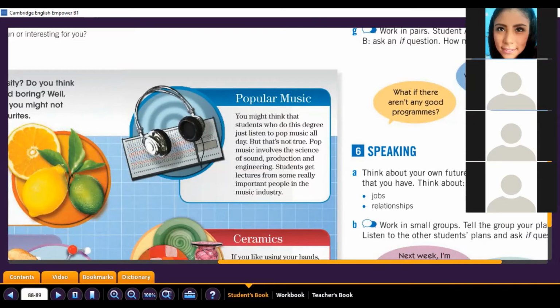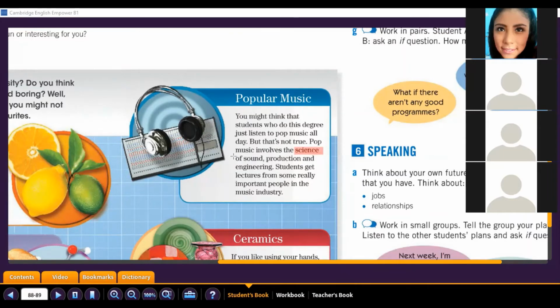Good. So here we have people who study music, right? Look at this. Here we have, maybe we think that the people who study this career are just listening to music, but that's not true. So this involves studying the science of sound.